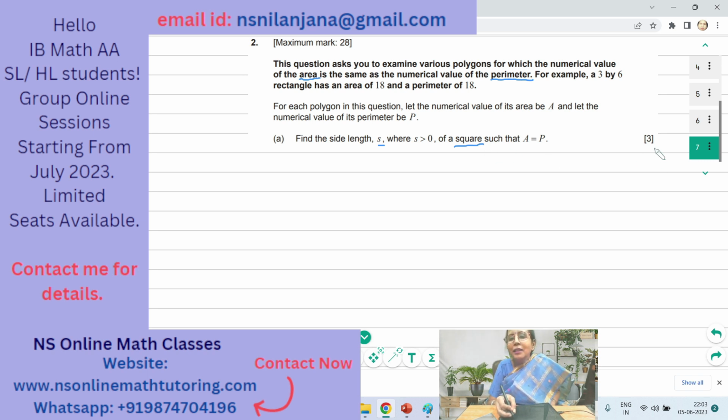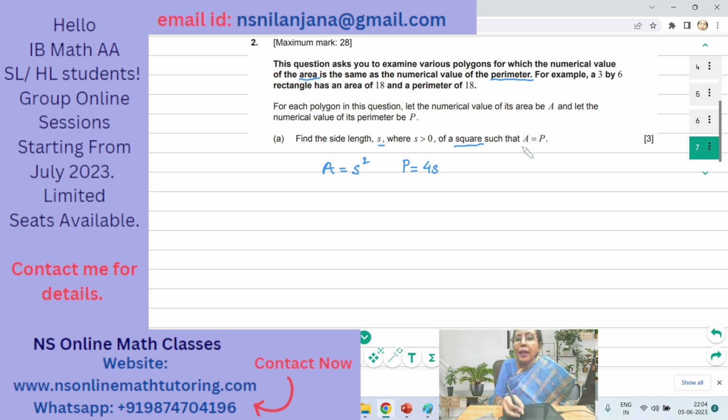And it contains 3 marks. Okay, side length is S. Therefore, area will be equal to S squared and perimeter will be equal to 4S.